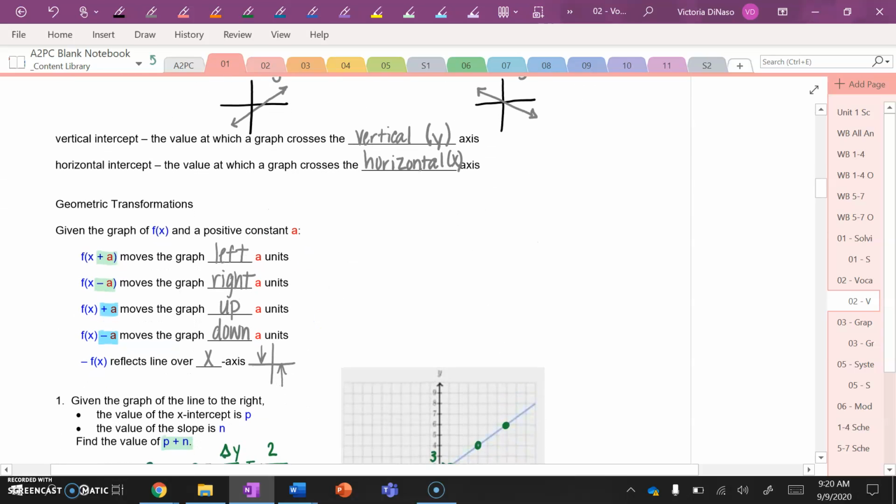So when we have a number that's inside of the parentheses, like, for instance, in number 14 where we have x minus 2, are we moving up, down, left, or right? Go ahead and write down what you think the answer is. Up, down, left, or right. And then with that plus 4 on the outside, think about, based on these transformations, are we moving up, down, left, or right? Go ahead and write them down before I give the answer.